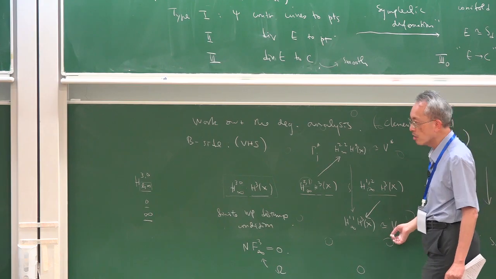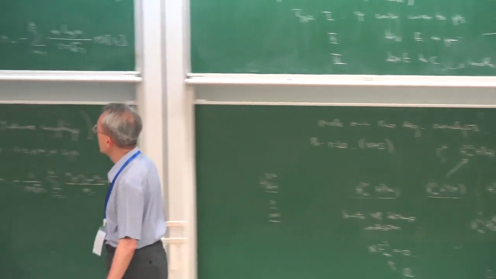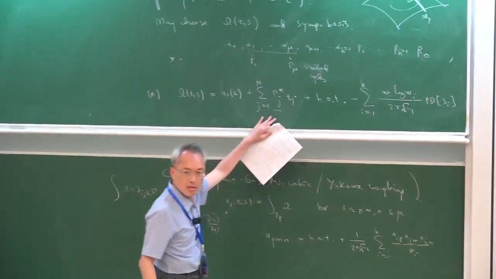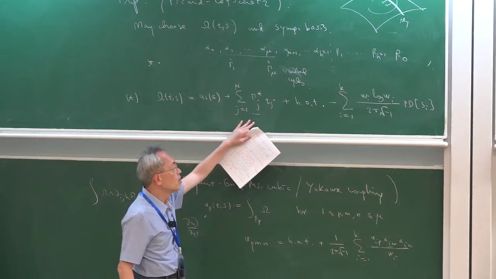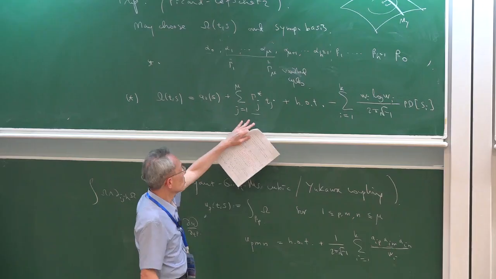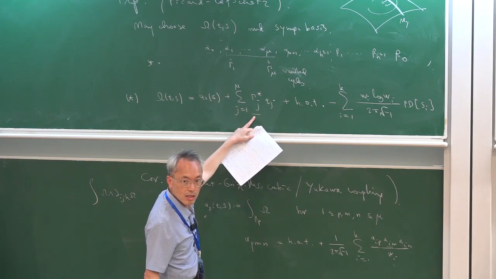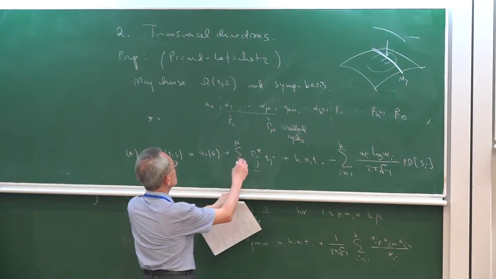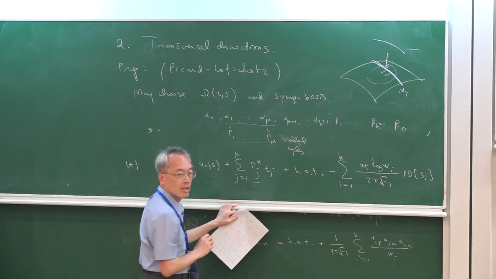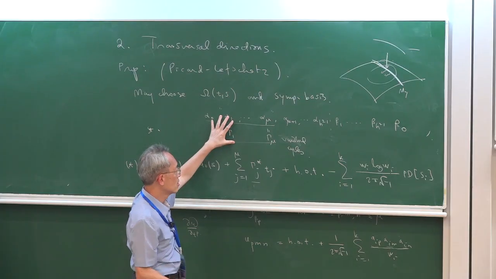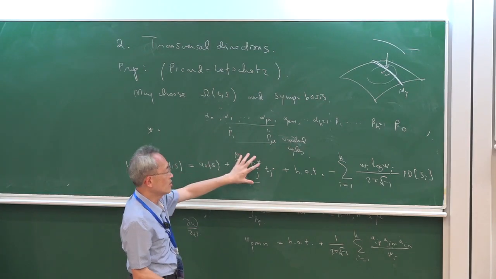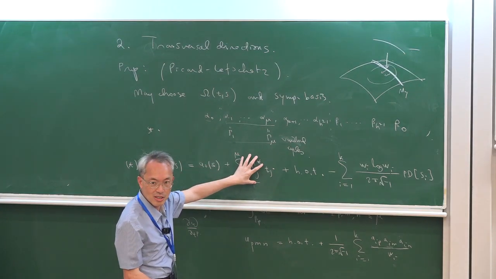And over here, this is the dual cycle. And then vanishing cycle. No, this is the dual vanishing cycle. So this is the vanishing cycle. Then I take dual, I get the dual vanishing cycle.